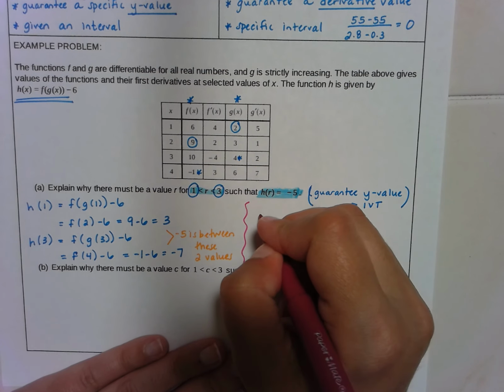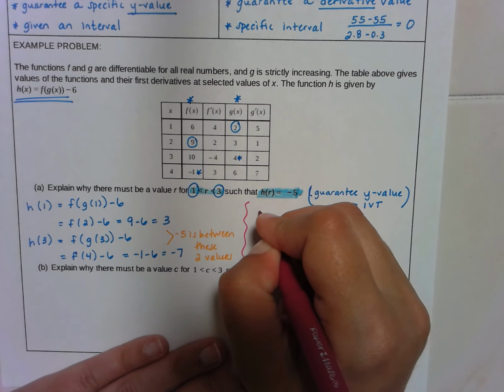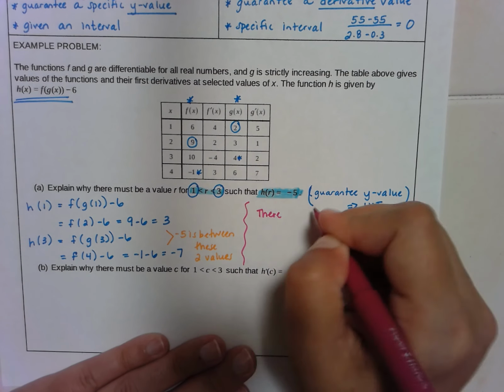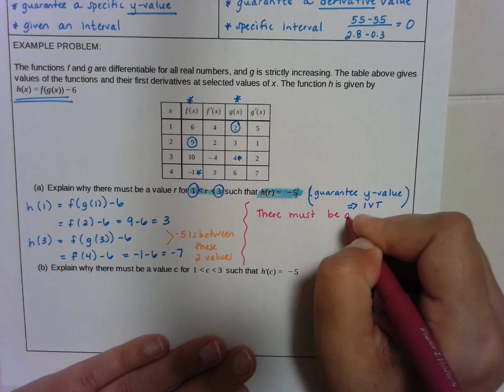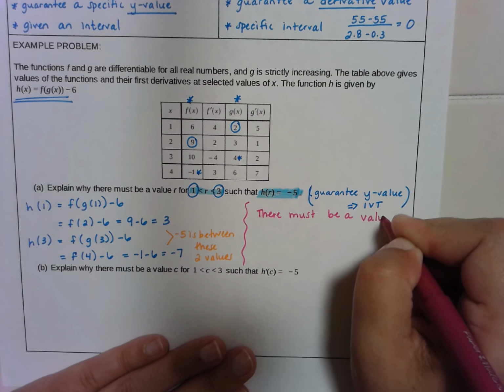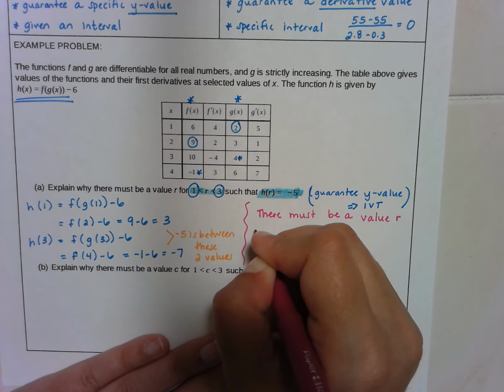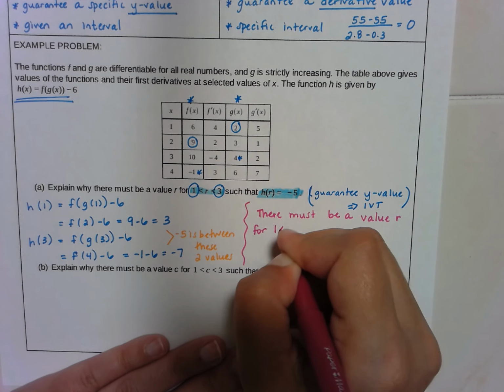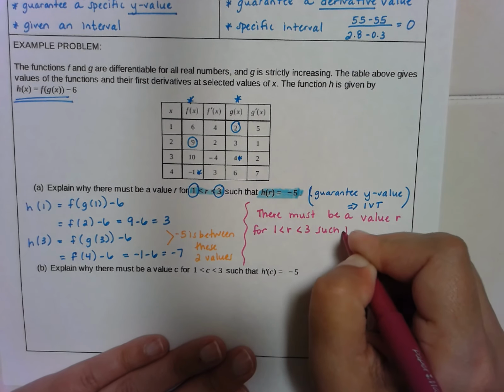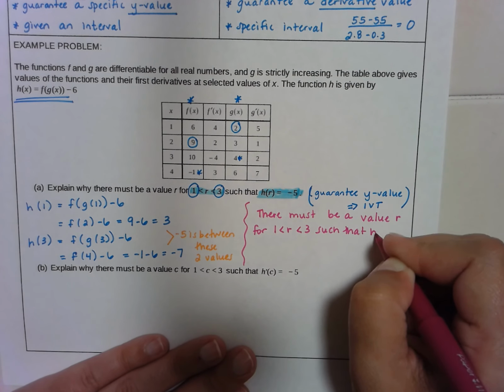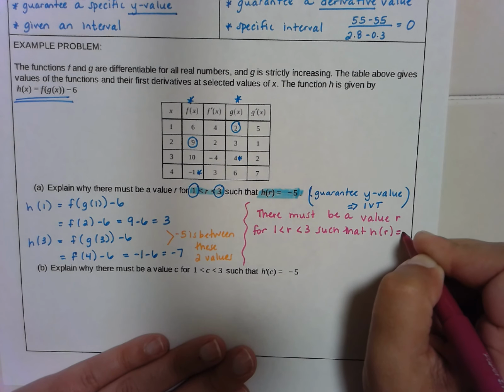I would say there must be a value r for 1 is less than r is less than 3, such that h of r equals negative 5.